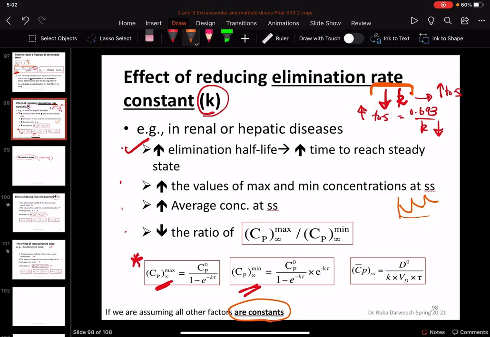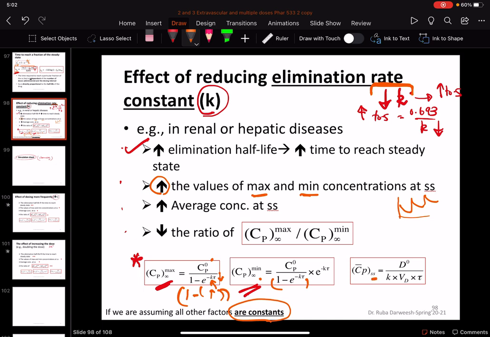Or you can just go to the equation here. If it's in the exponent term and you are decreasing K, the whole thing is increasing in magnitude. The same number over a smaller number would be higher, and the same thing here, so it would increase the value of maximum and minimum concentration.